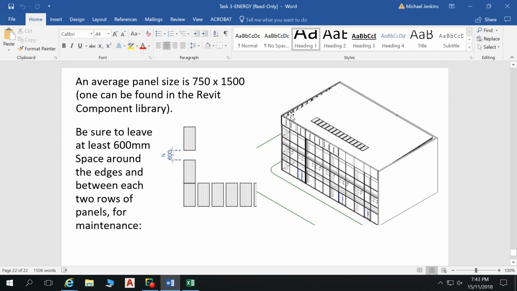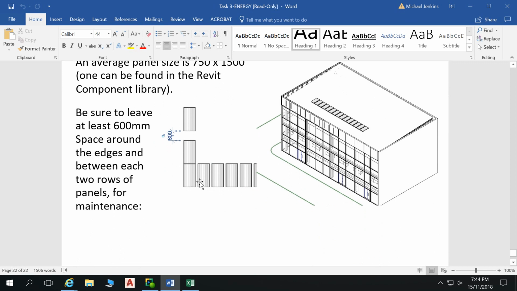The way that panels are installed on roofs, and this is slightly misleading how there's a gap between panels like that, so that's from the Revit library. When you install panels, you butt them right up next to each other. You install them, or typically install them, as a bank.